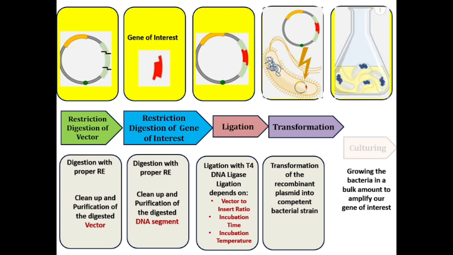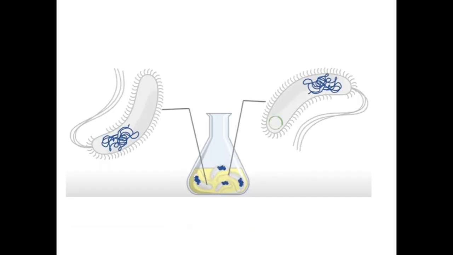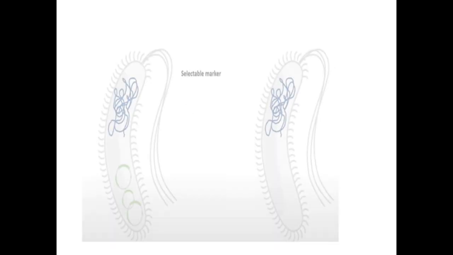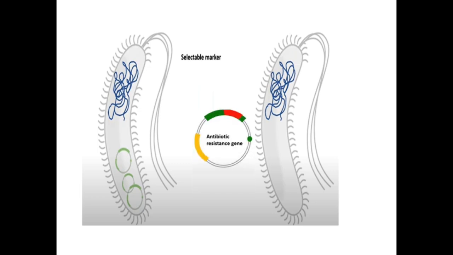Generally, what actually happens is that some of the bacteria take up the plasmid when transforming and some bacteria don't take it. So we need a selectable marker to distinguish them. Simply, if you put an antibiotic in the bacterial culture media, bacteria should die and not grow.